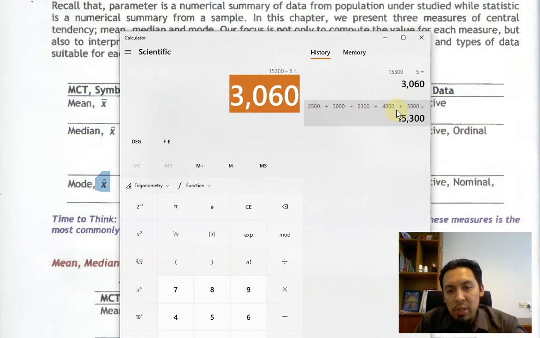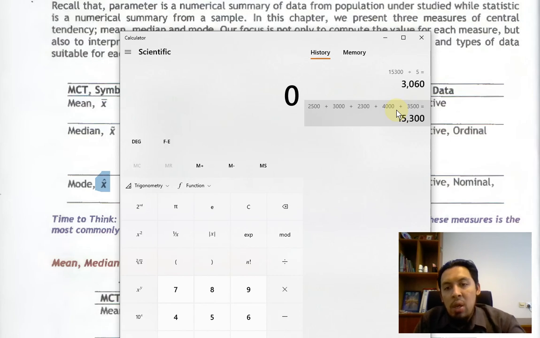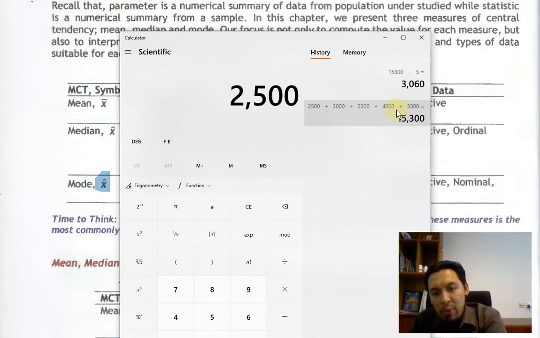However, let's try to change a bit. Let's say we are still talking about the same thing, finding the average salary. So I just copy it back. We have 2500 for the first person, 3000 for the second person, 2300 for the third person, and the fourth person 4000.